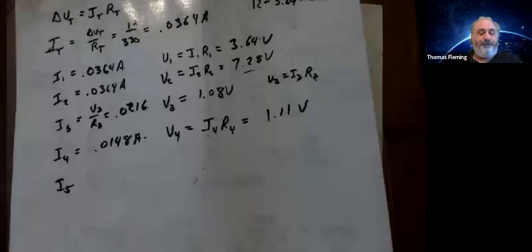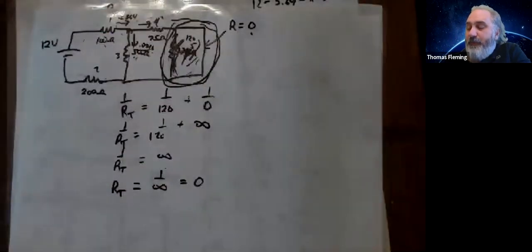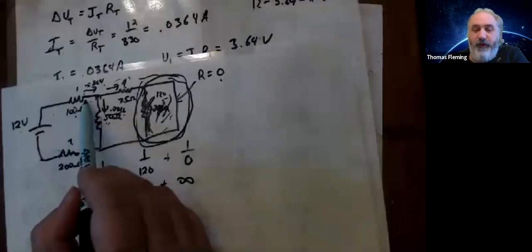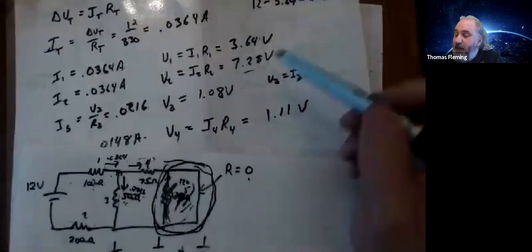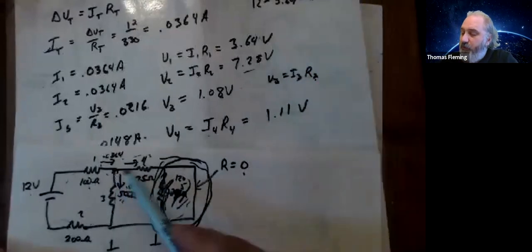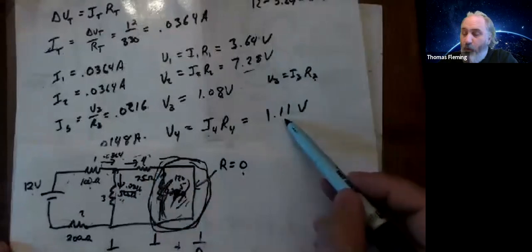Now, wait a second. Let's go back to my circuit. We said that if you go around the loop, all the V's better add up to 0. So here's 12 volts, right? I go across resistor 1, and my voltage is going to drop by 3.64 volts. Then I'm going to go across 4. It's going to drop by 1.11 volts.